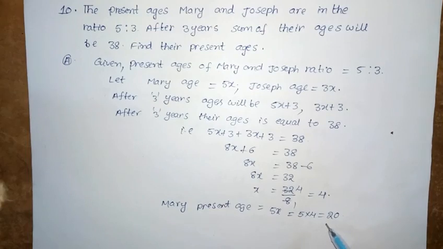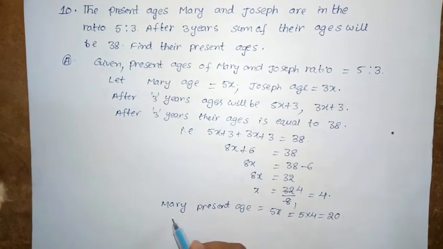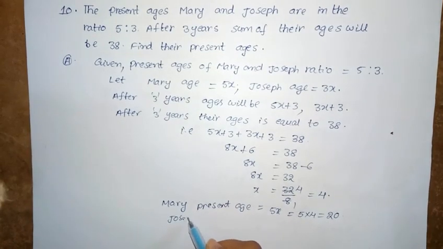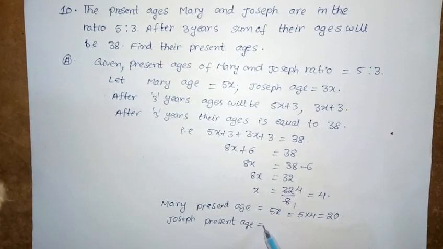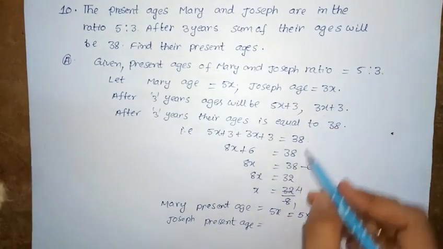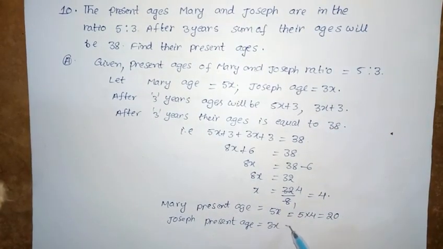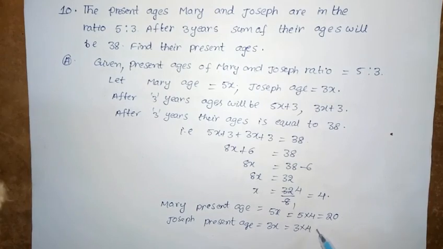So Mary's age is 20 years. Next, Joseph's present age, we are considering here as 3x, so 3x equals 3 into 4, that is equal to 12.